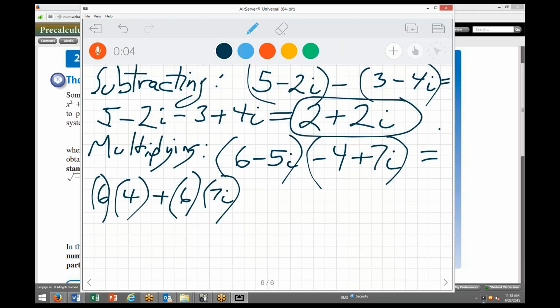And then we're going to have the inners, so-called, the negative 5i times the negative 4, plus the last one in each parentheses, the negative 5i times positive 7i.